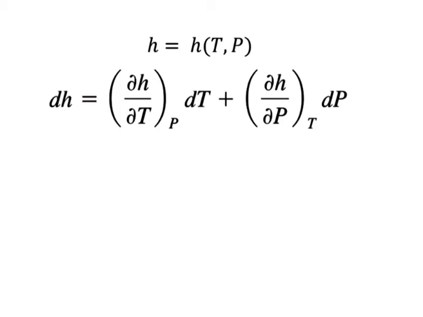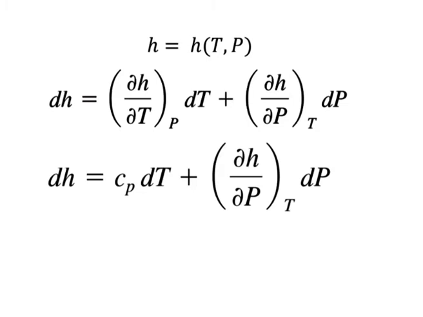Using the definition of Cp, we have dH is equal to Cp into dT plus partial derivative of H with respect to P keeping T constant into dP.